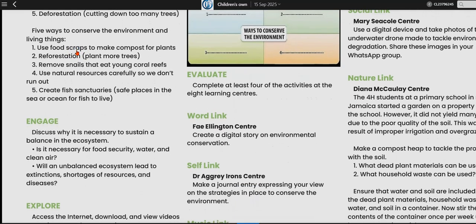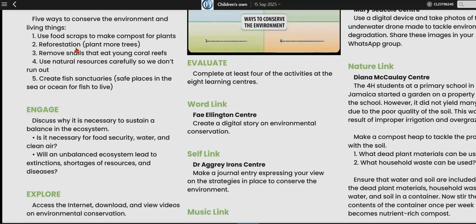Now, here are 5 ways to conserve the environment and living things. 1. Use food scraps to make compost for plants. So you could have a little drum or bucket outside.